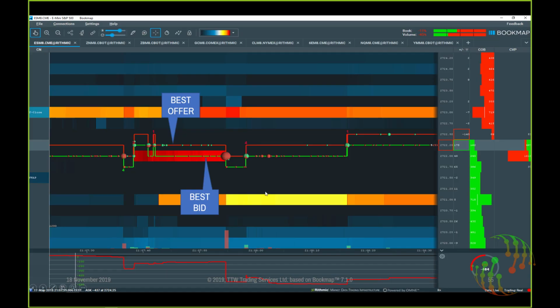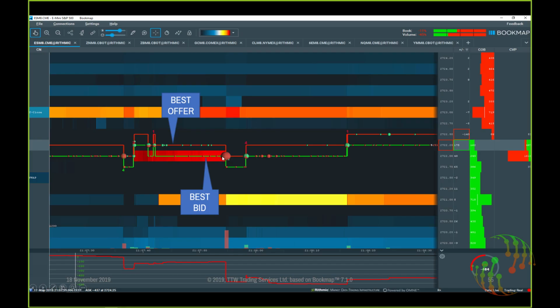You see the best bid, best offer, and sometimes you see very regular dots. Sometimes an algorithm is firing here to bring the price up. For theoretical discussion, this view is extremely helpful to know what's behind.